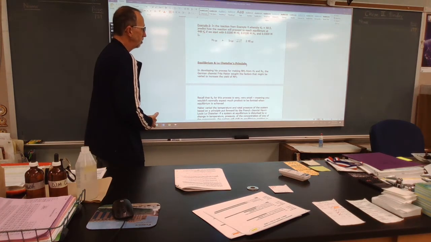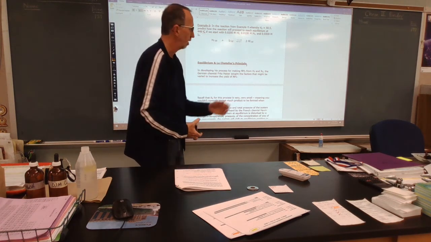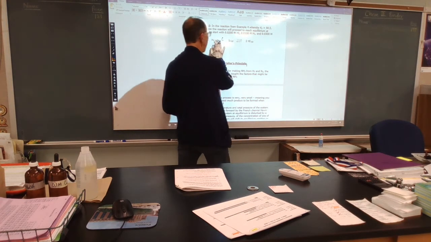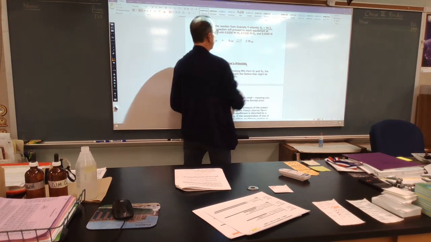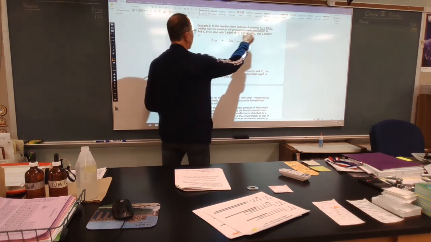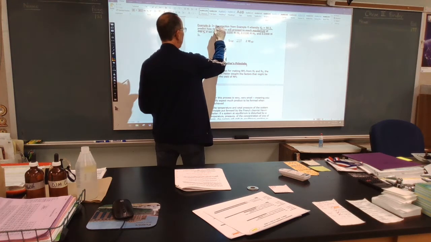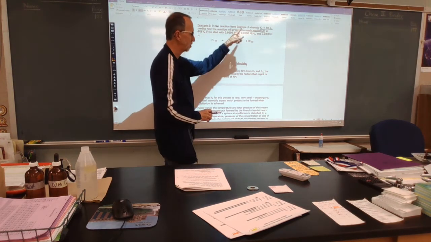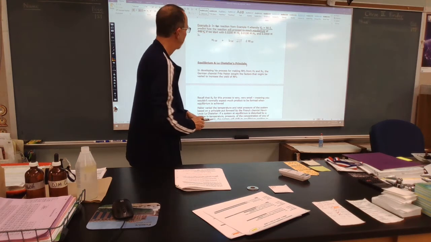In the reaction from example 4, which we did a few days back, Kc for this reaction was 50.5. That's how the reaction will proceed to reach equilibrium, at 440 Celsius, the same conditions under which we solved that Kc value.